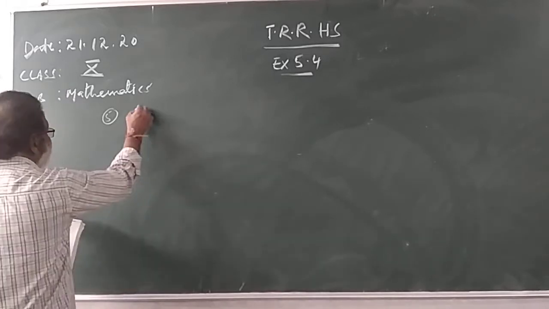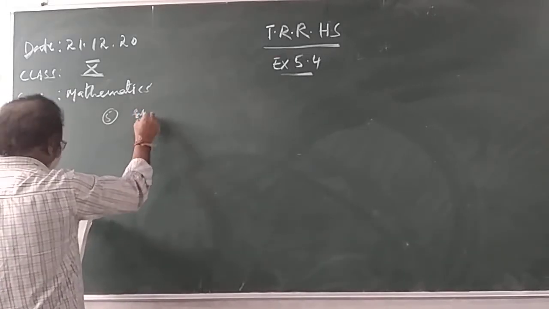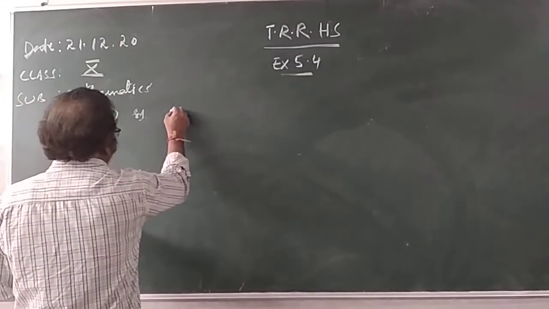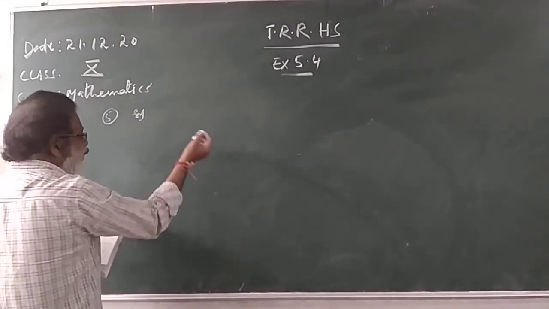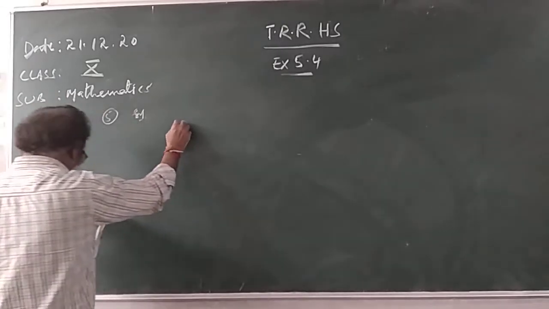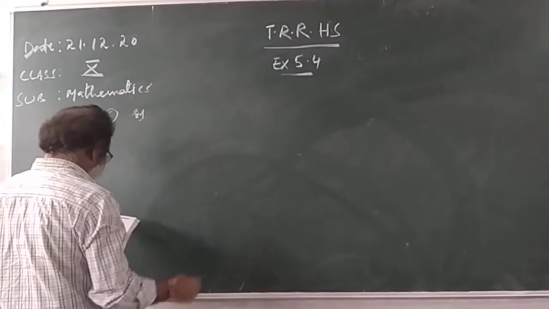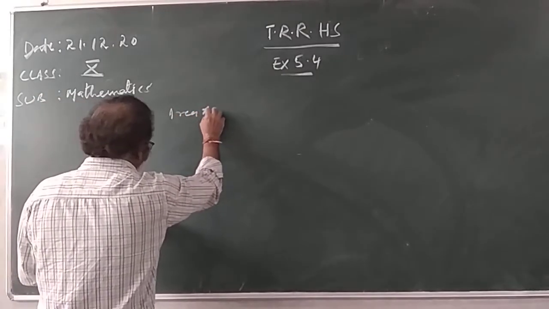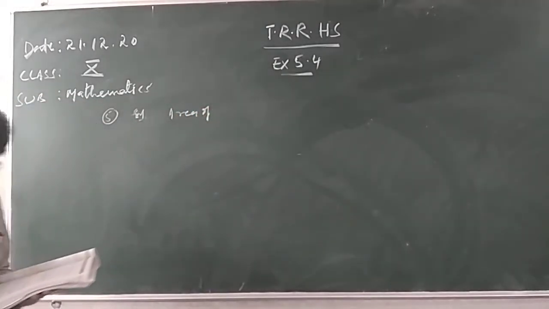Let us see that. Here the area and perimeter are given. We don't know the dimensions, length and breadth. The area of the rectangular park is 400 square meters.